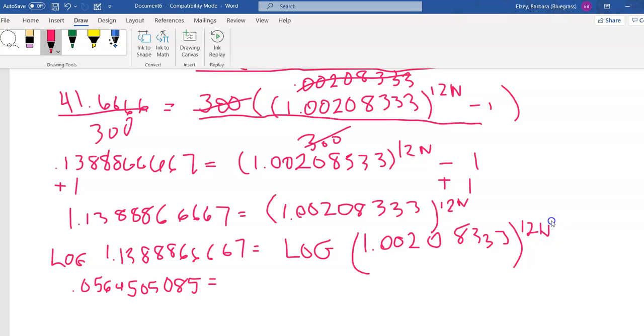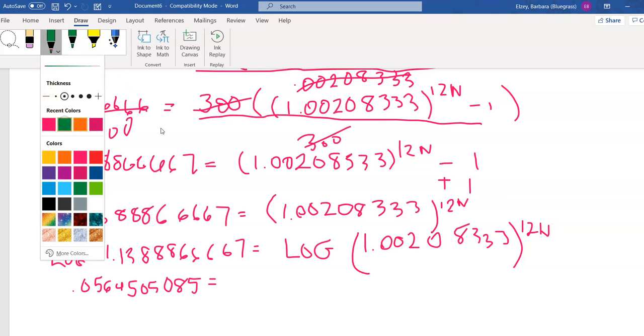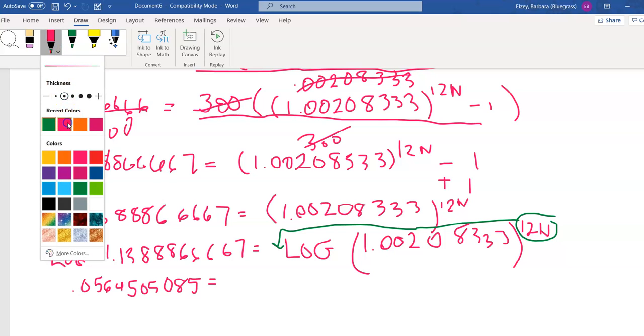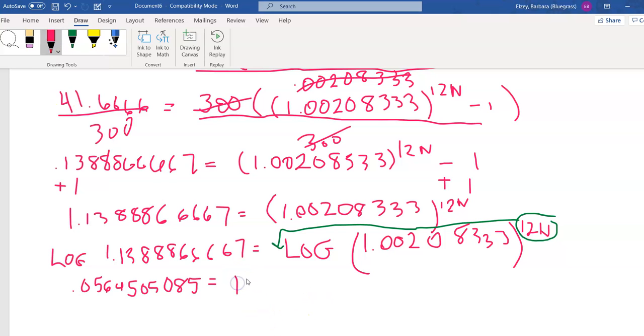But we talked about previously, when I did an example of a logarithm, that the exponent can be pulled out to the front of a logarithm. It has that property for logarithms. So if we do that, we put our 12 in the front.